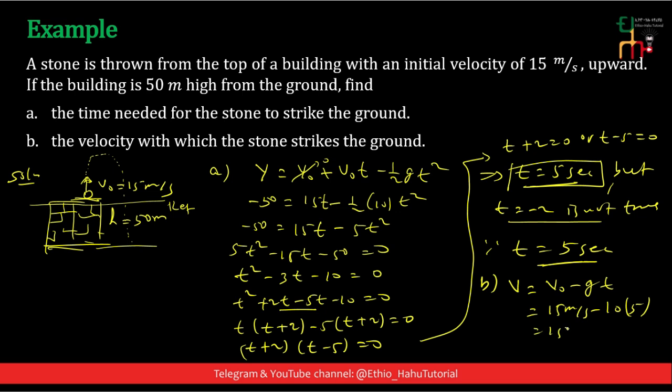This is equal to 15 m/s minus 50 m/s, which is -35 m/s. Why negative? Because when it hits the ground, the velocity is vertically downwards. That's why -35 m/s.